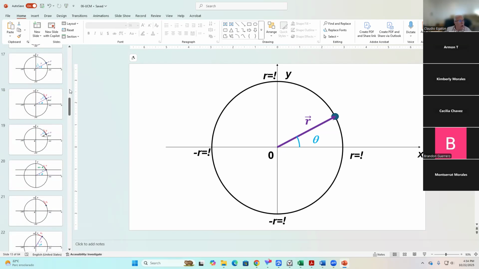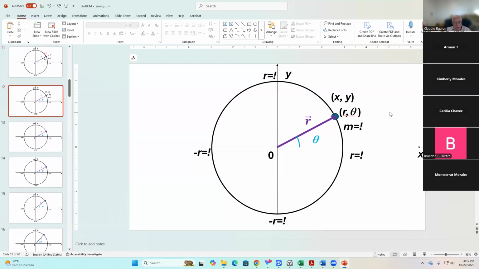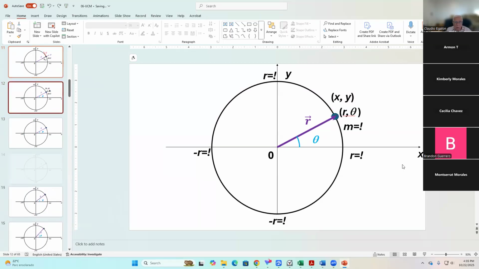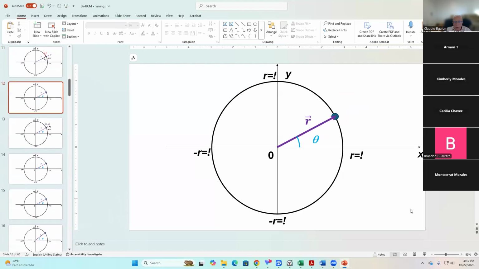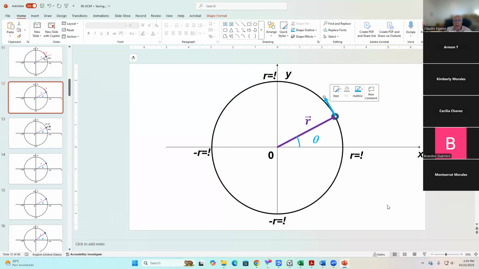I have to draw it for you. The direction of the coordinate theta is going to be, I'm going to copy this one and put it in blue color, which matches the blue color of the theta angle.